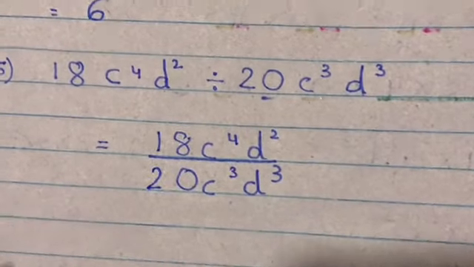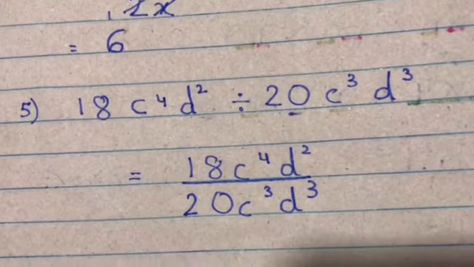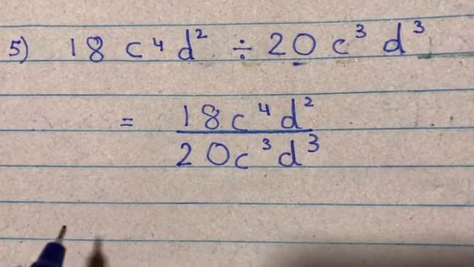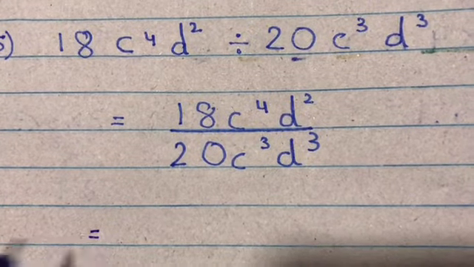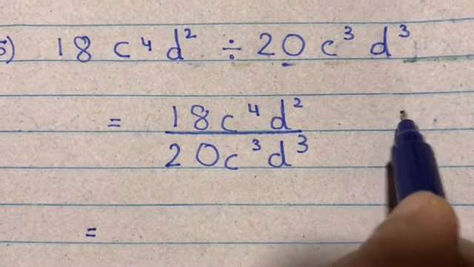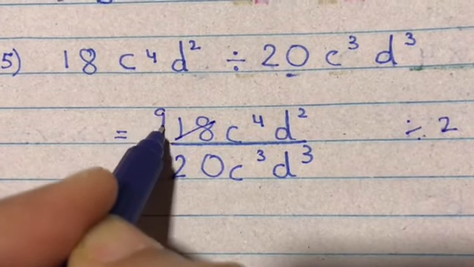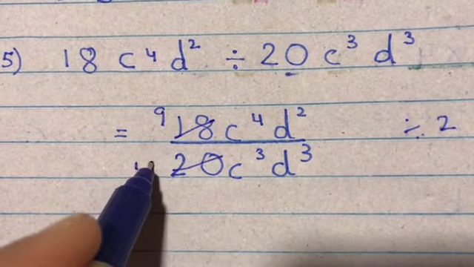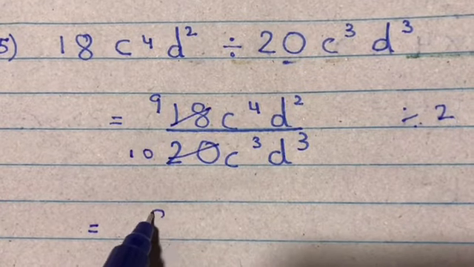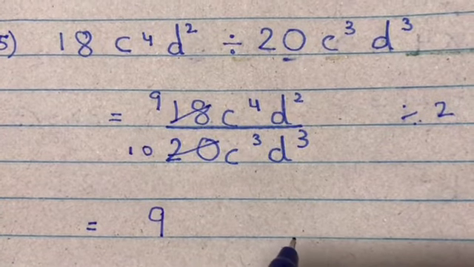Okay, so first of all what we are going to do is reduce it. 2 nines are, 2 tens are. Okay, this becomes 9 over 10.